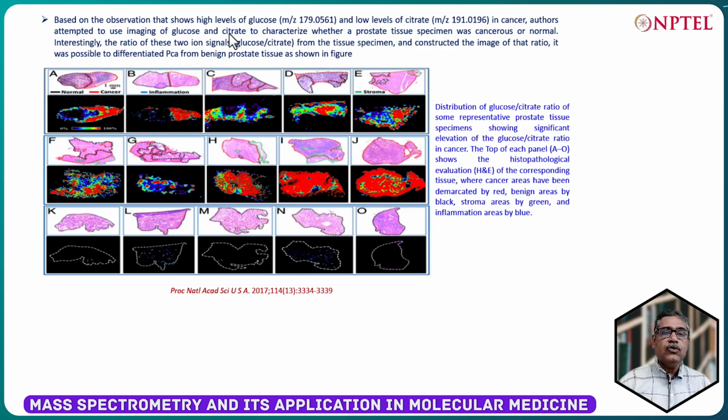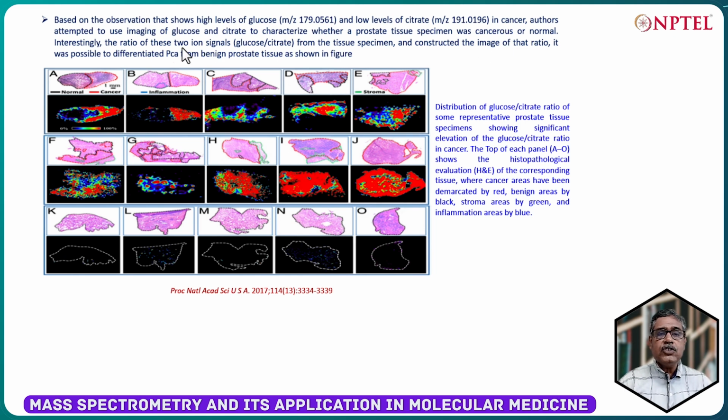So, the authors attempted to use imaging of glucose and citrate to characterize whether a prostate tissue specimen was cancerous or normal. Glucose and citrate were taken as markers, and we will see that they actually took a ratio of it.